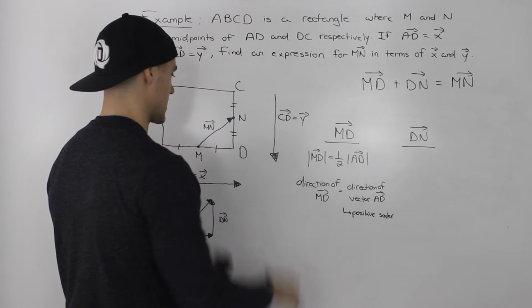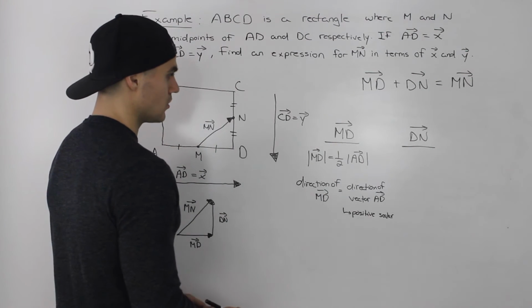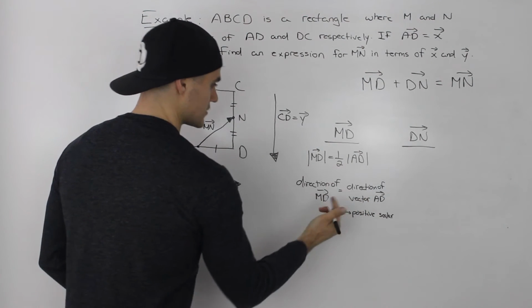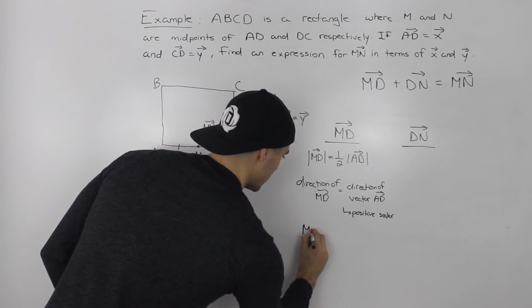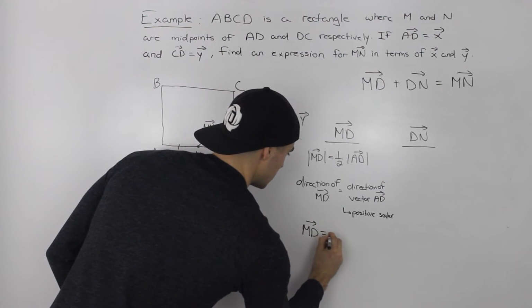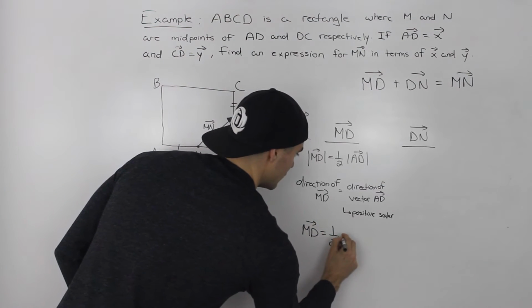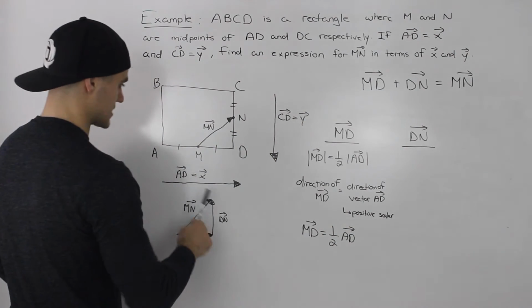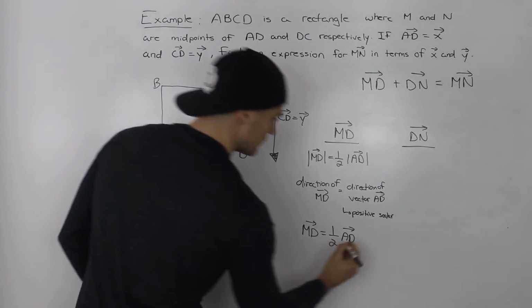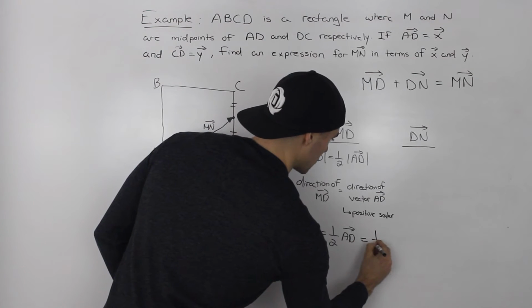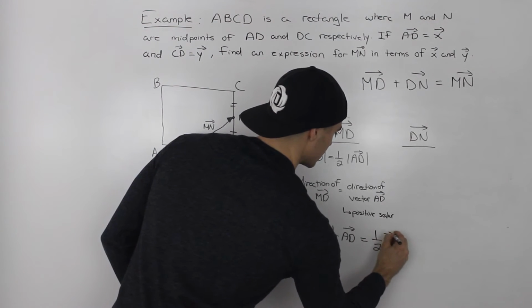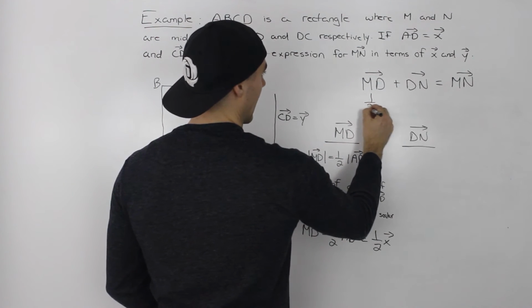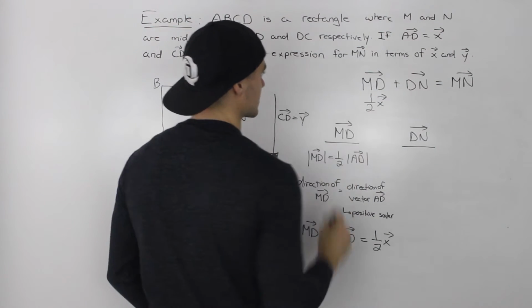Same direction, half the magnitude, so vector MD is equal to 1/2 of vector AD. And since AD is equal to X, we can rewrite MD as 1/2 X.